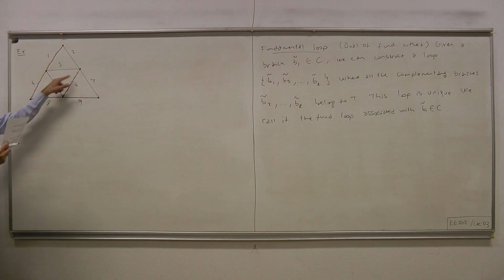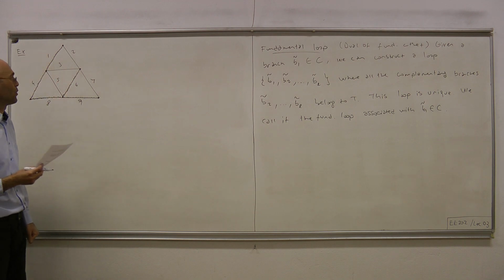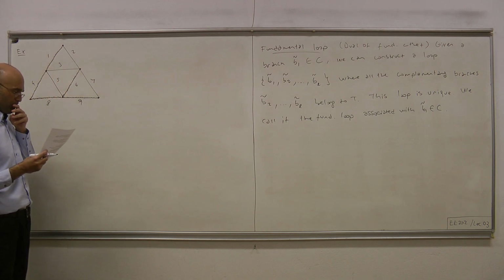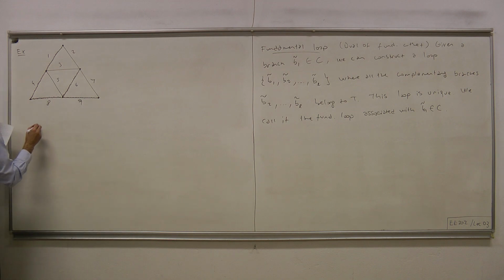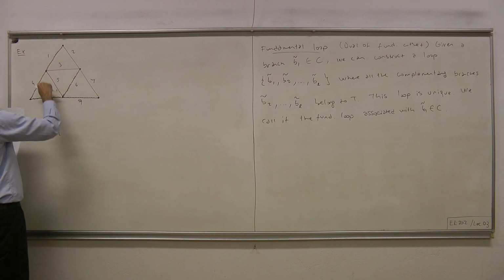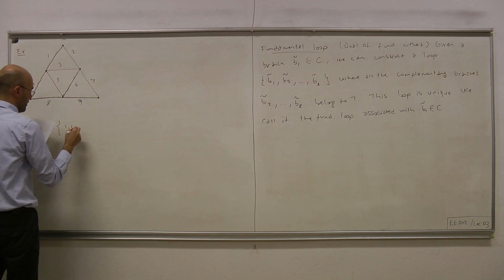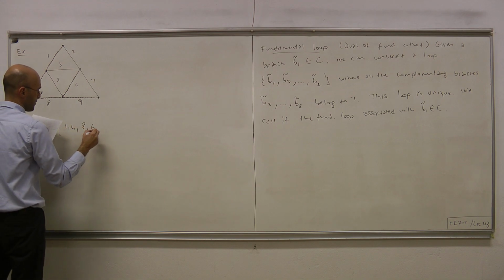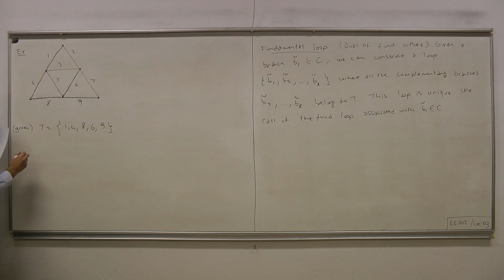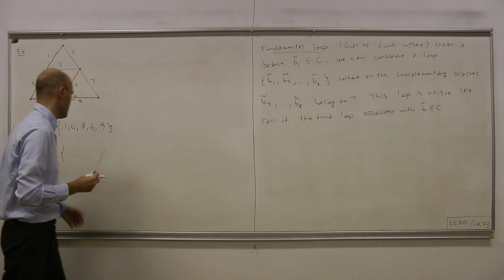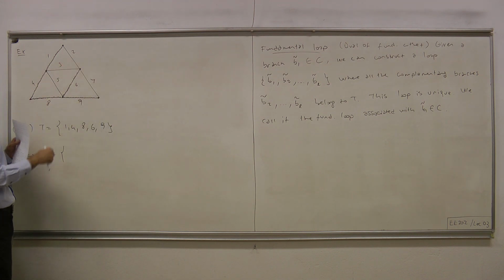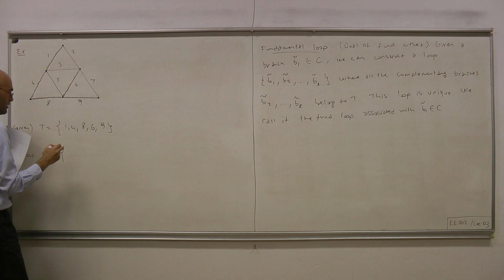Okay, it's connected, contains all the nodes, and it contains no loops. The tree. Okay, so our tree, suppose that it's given, is 1, 4, 8, 6, and 9. This immediately determines the Cotree. Cotree simply is whatever remains, namely 2, 3, 5, and 7.